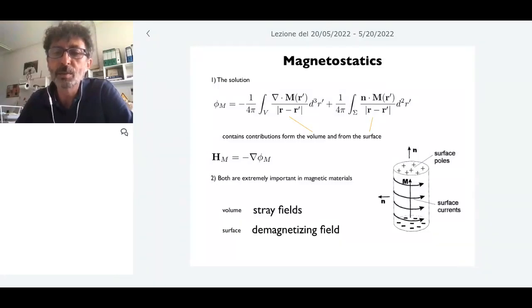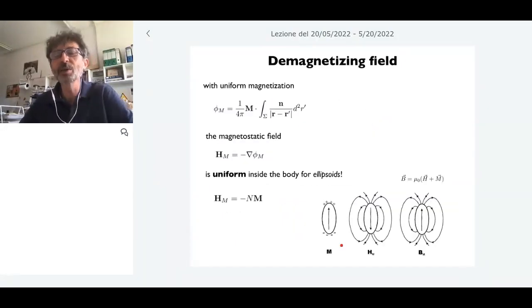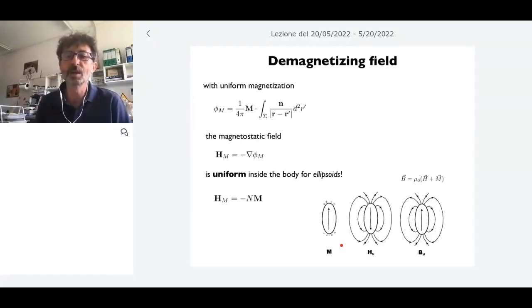So the demagnetizing field will depend on space and also on the specific shape that we choose. Then everything will be extremely complicated, apart from some very interesting cases that come from the mathematical treatment of the equation.